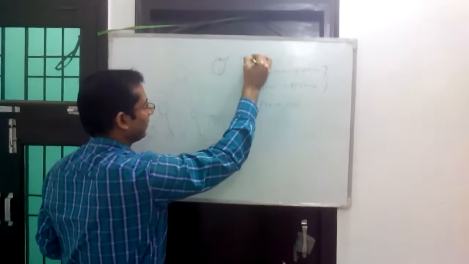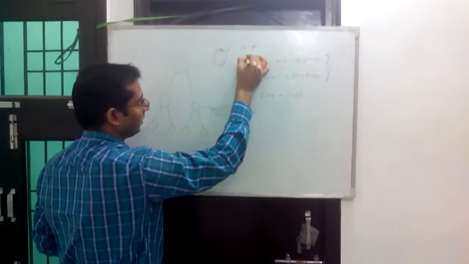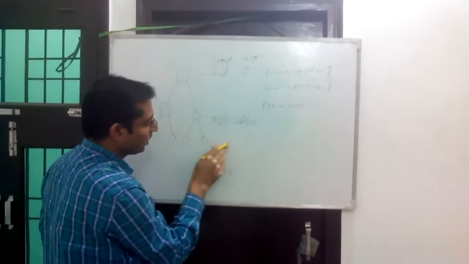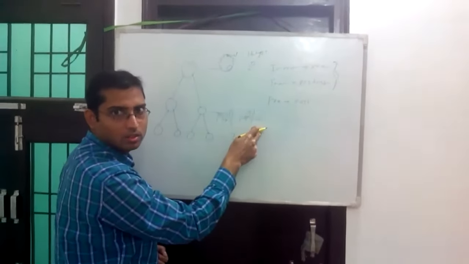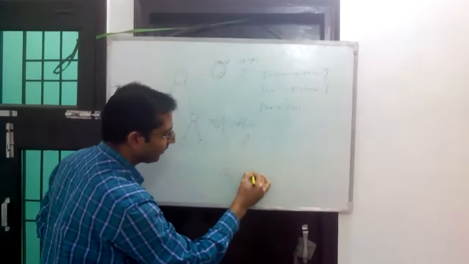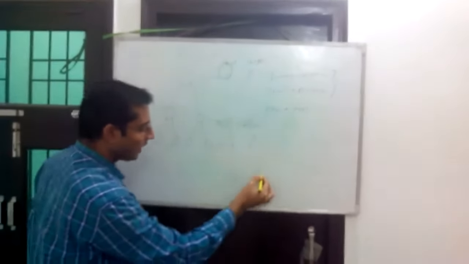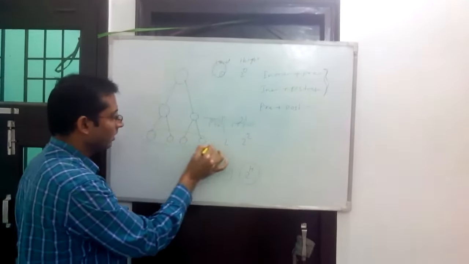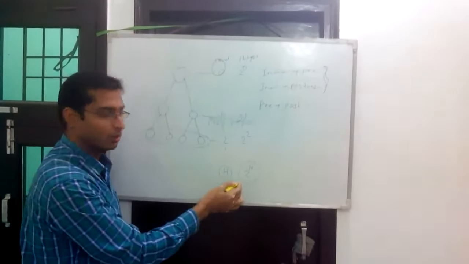According to the height, 2 to the power 0, 2 to the power 1, 2 to the power 2. When level 2, it is 2 to the power 2. So when height is h, the value is 2 to the power h. It means the last level, the leaf nodes, contains 2 to the power h nodes.